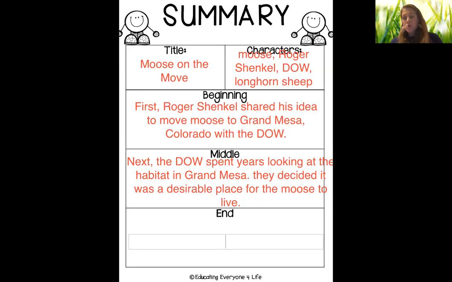So they ended up trading. And so that was kind of nice, because that's how Colorado got to have more, and it helped out with the overpopulation of the animals. So there weren't too many moose eating all of the fields and everything over in Utah, and then Colorado wasn't having too many of the longhorn sheep and that kind of thing.